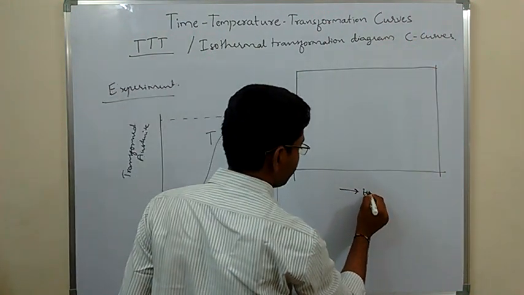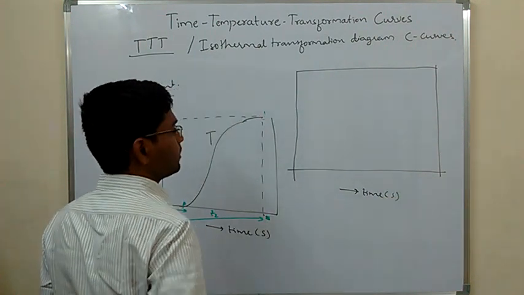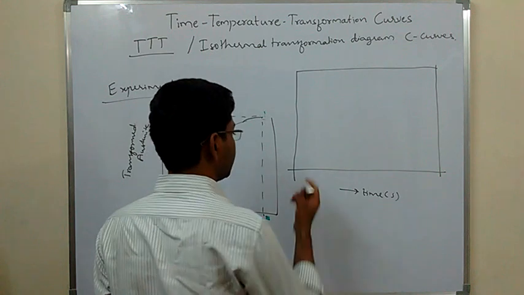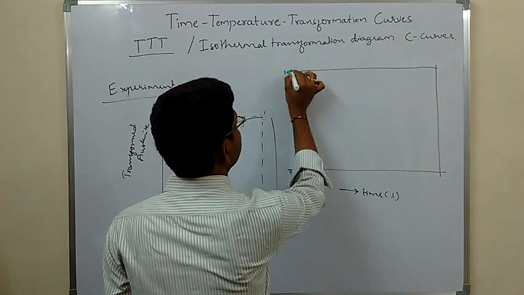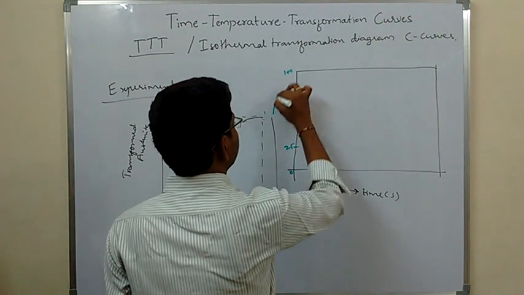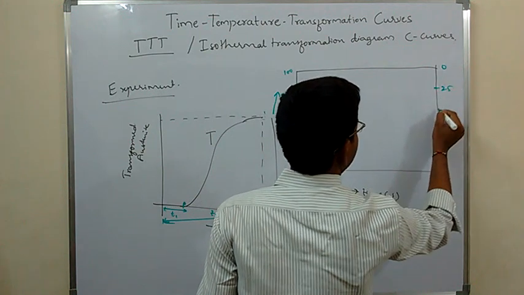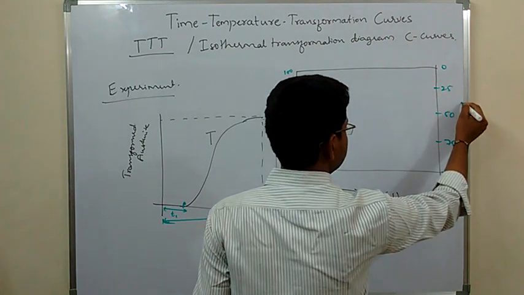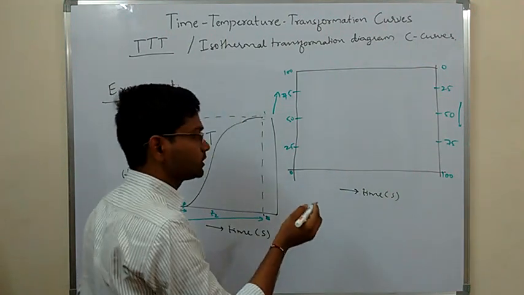This is time in seconds, and this is transformation of austenite. Here perlite 25, 50, 75, 100, and the same way this indicates the percent of austenite. So here we will get different transformation curves.